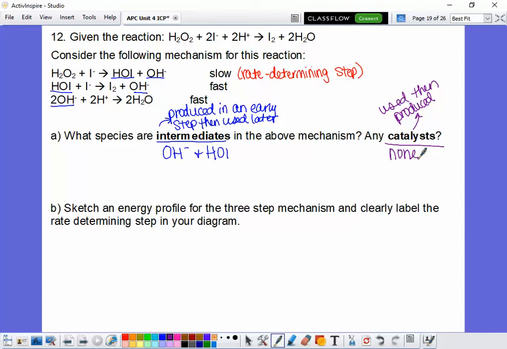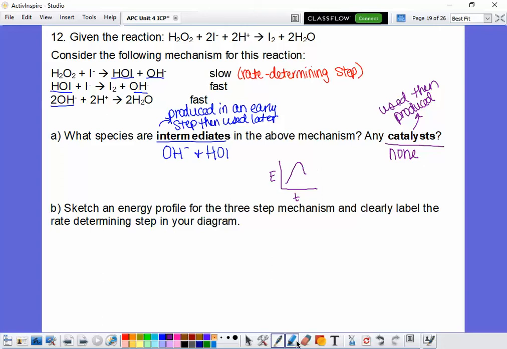All right, so our energy profile for this three-step mechanism. We've drawn energy profiles before. They look kind of like this, where you have energy and time, and you've probably seen things like this before, right? Now this is showing the overall reaction, and there's the activation energy.